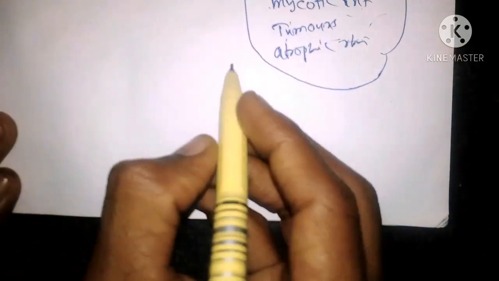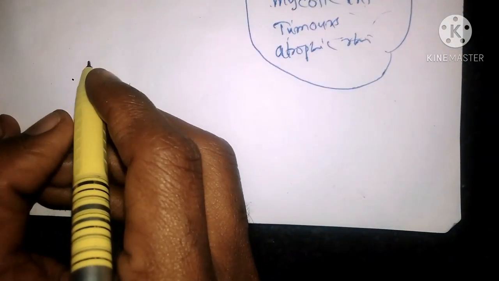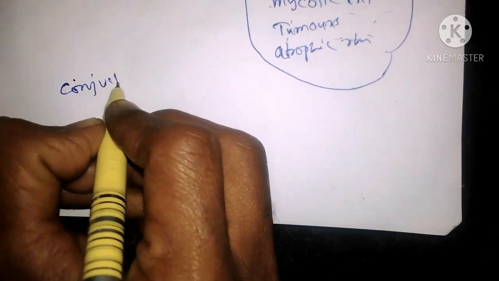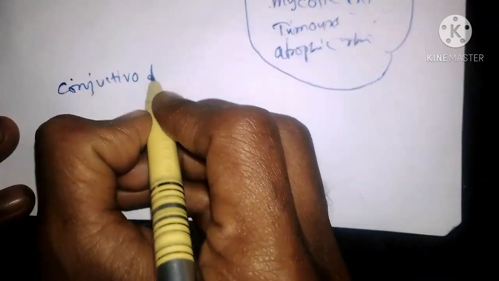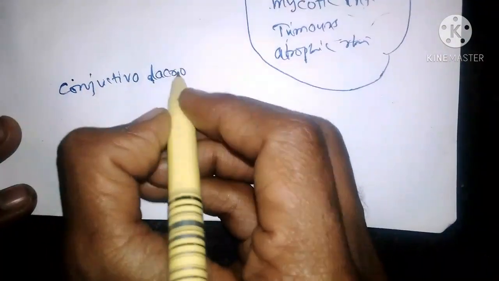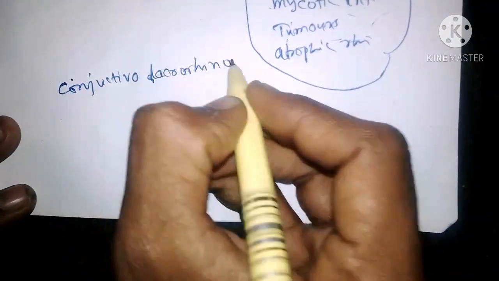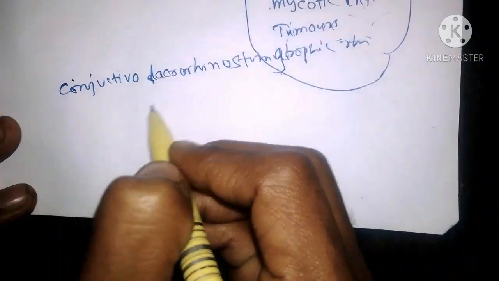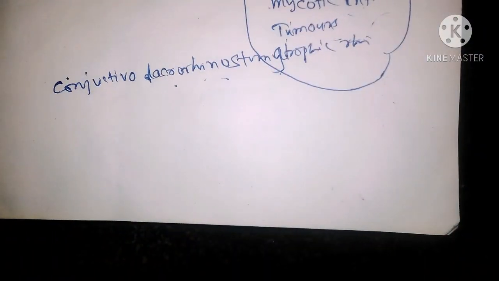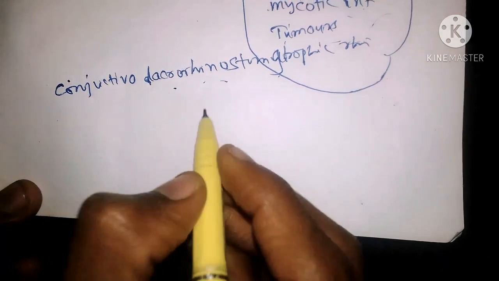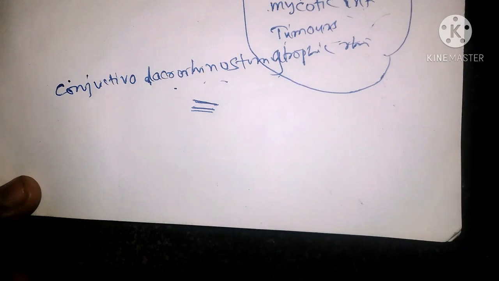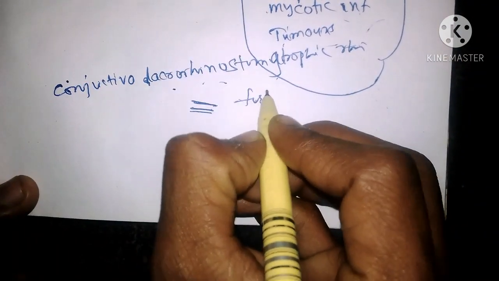Clear? And the last option we have here is conjunctivo-dacryocystorhinostomy. Here what we do is we'll make a canal, or we make a fistula.